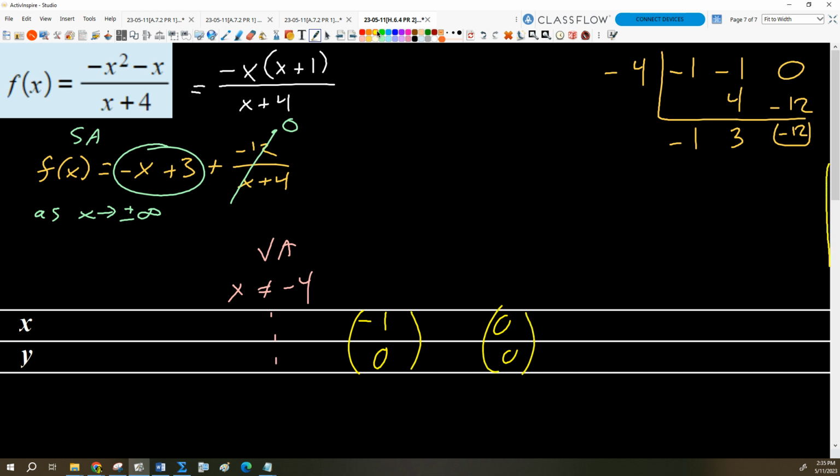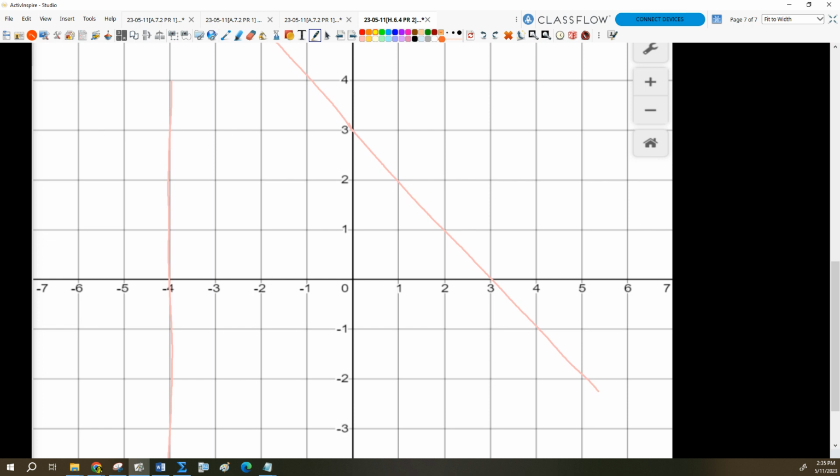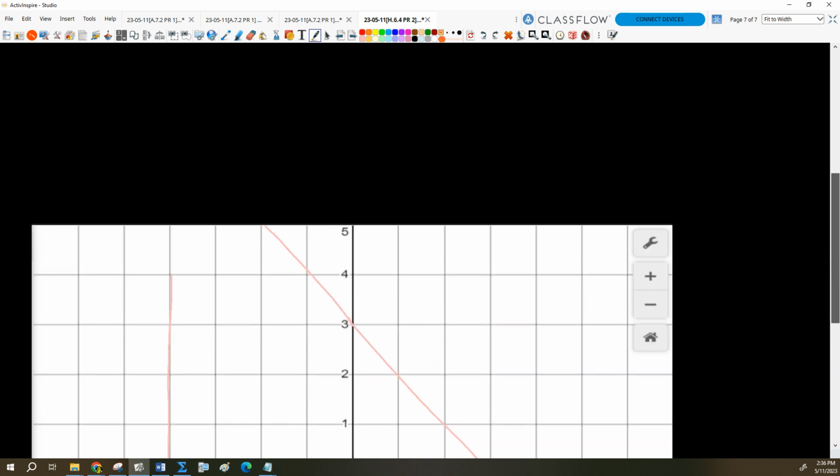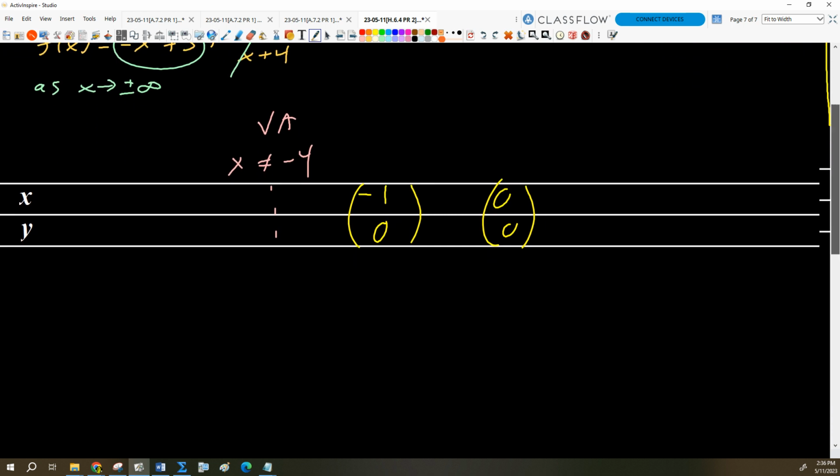We can graph those points. And we said 0, 0, right? Okay. What is happening there? -1 and 0. Okay.